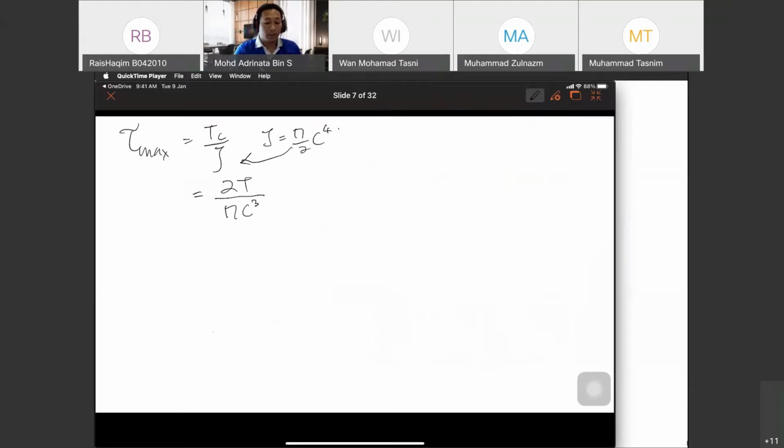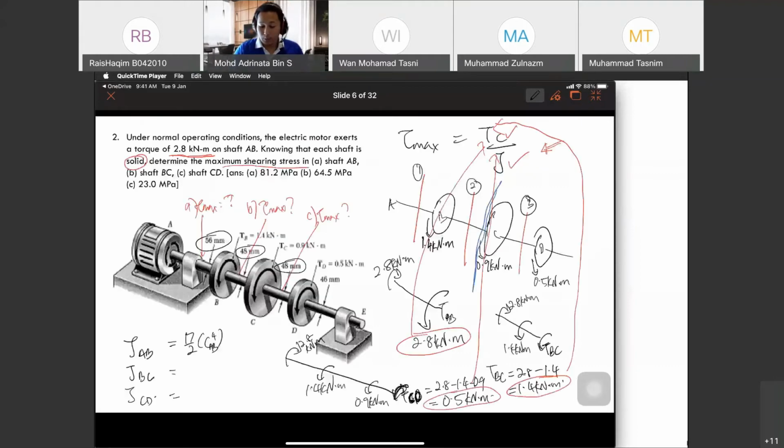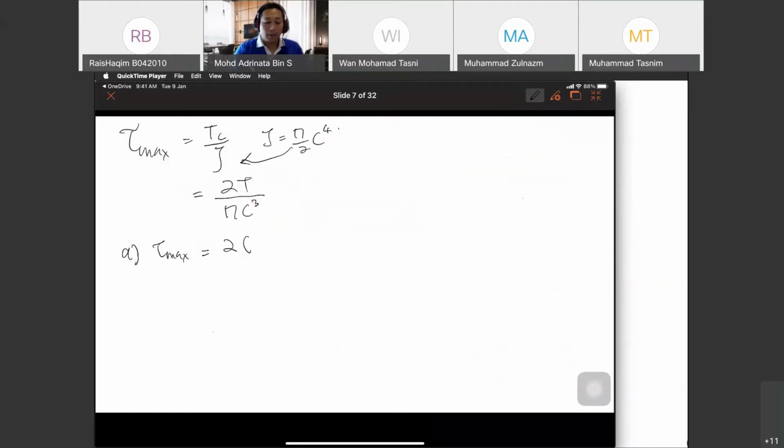So from that, untuk A, tau max equals to 2 kali dengan 2.8, nombor 1, nombor 2, nombor 3. Okay, AB. Alright, 2 kali torque is 2.8 kilonewton meter over pi.